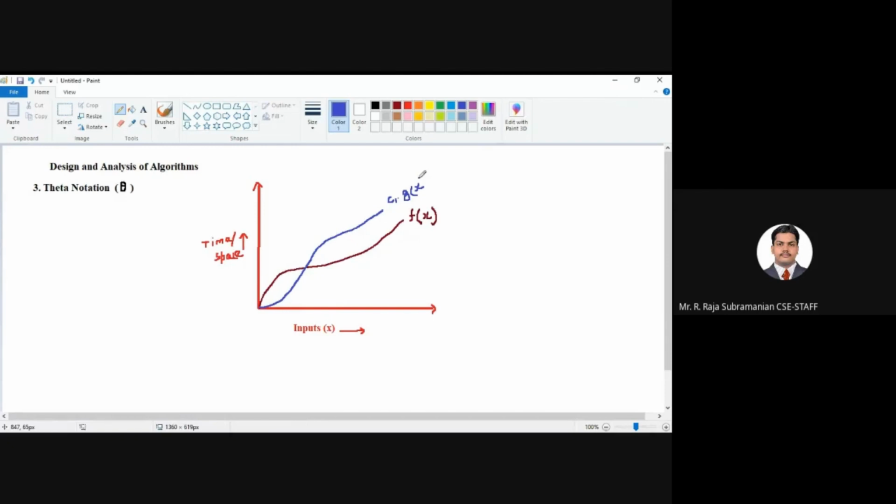Now I wrote c1 into g of x. Now what I will write next, you yourself can say. C2 into g of x. Very good. I'm going to write it as c2 into g of x. That will be coming here.